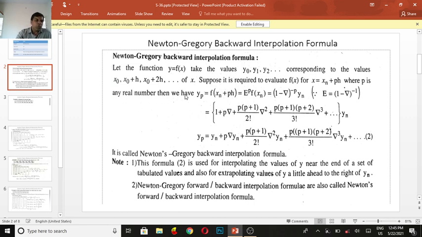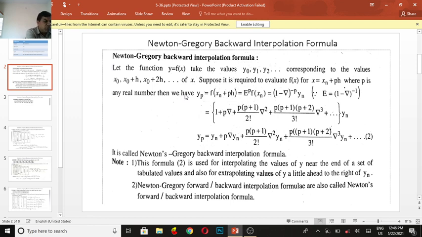Then we have yp equal to f of xn plus ph. Again, we want to convert this into the shift operator E form. E raised to p f of xn. Here p is negative, so E raised to minus p f of xn. Now we substitute in the backward differences formula.